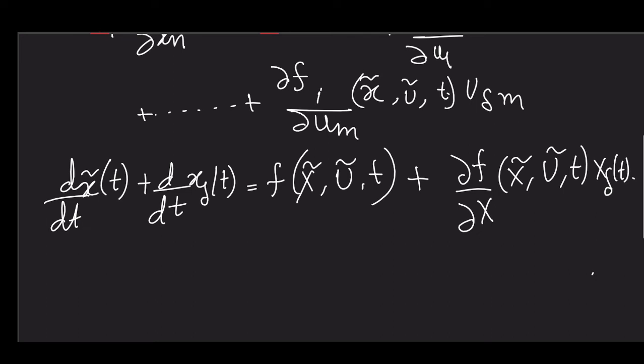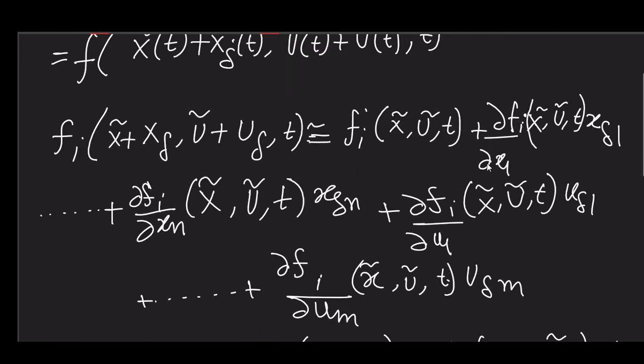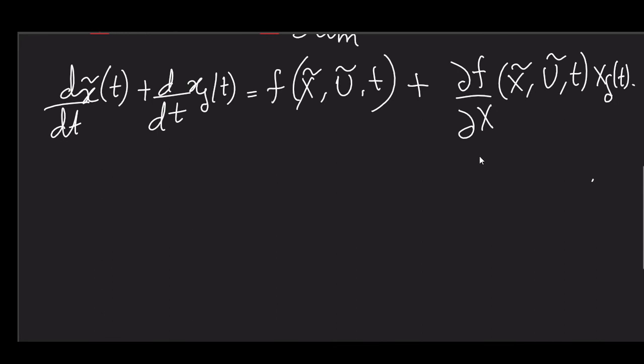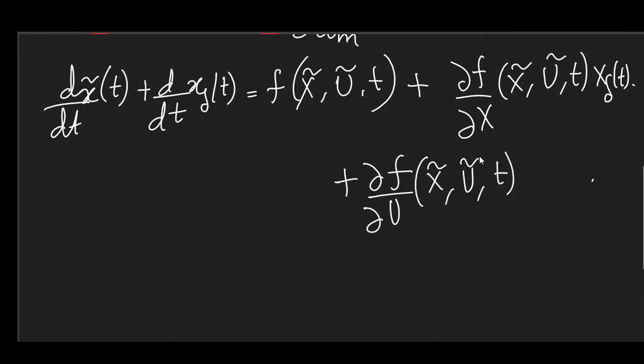And similarly this one also indicates all these terms, like del x1, del x2, del xn. Here it is a vector representation, and then del f, del u, then it is well.